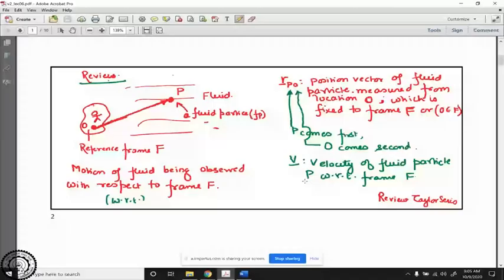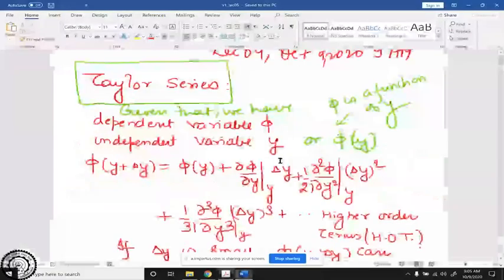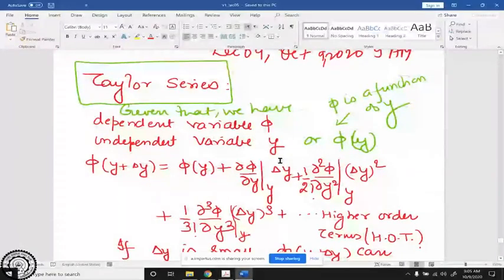Another item I want to review before I go to Lagrangian and Eulerian, and that is Taylor series. My assumption is you must have dealt with this in more detail in one of the recent maths courses you must have taken in first year. I just want to review it because we are going to use it very frequently in this course.